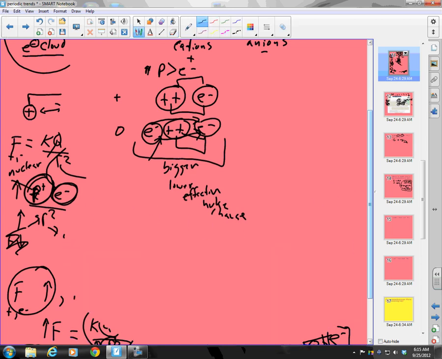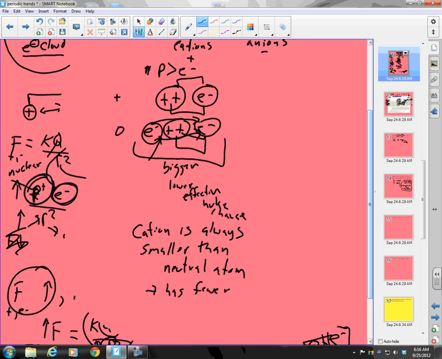Yes, the cation is always smaller than the neutral atom. Why? Because it always has fewer electrons. Remember, a cation is a positive charge.